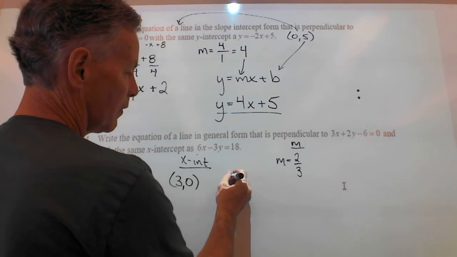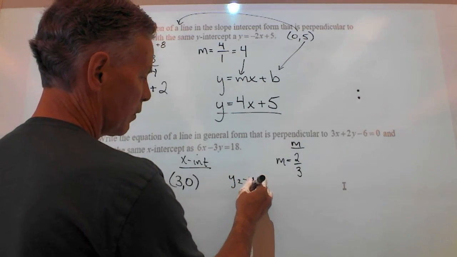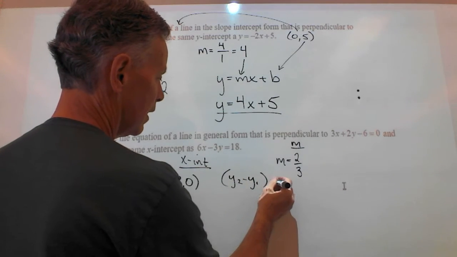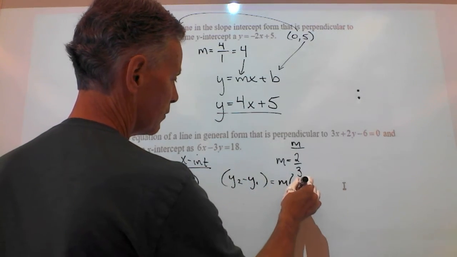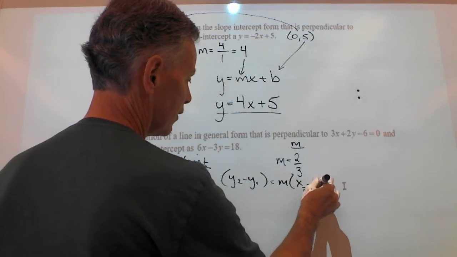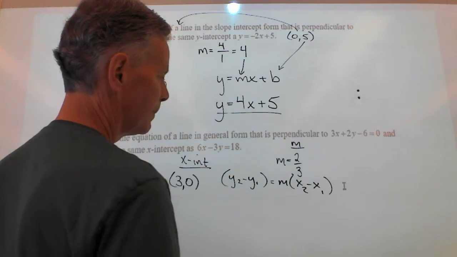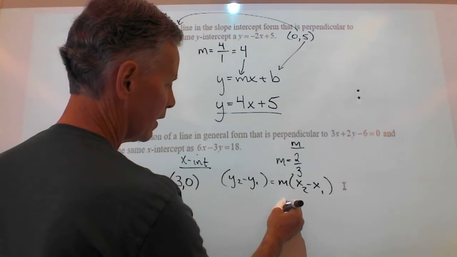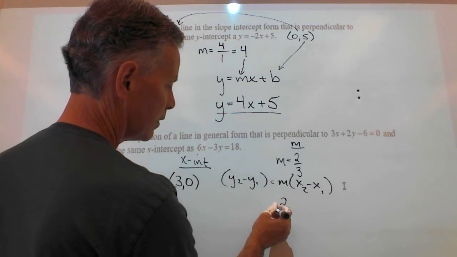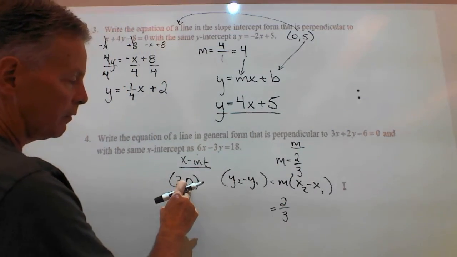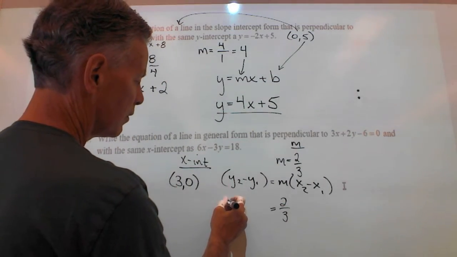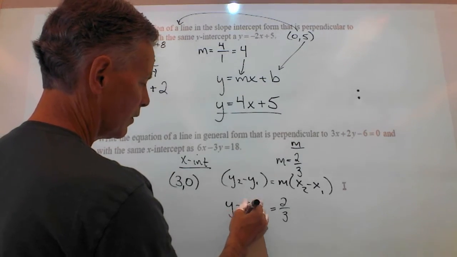So remember, our point-slope form is y2 minus y1 equals the slope times x2 minus x1. We've got our slope, plug it in, 2 over 3. We have a value for y, it's 0, so this becomes y minus 0.